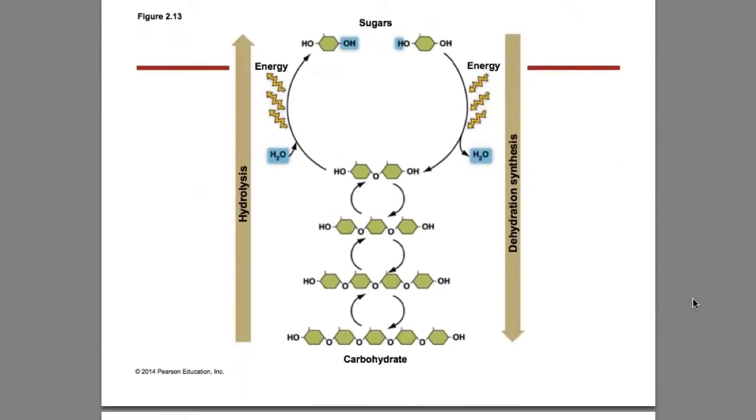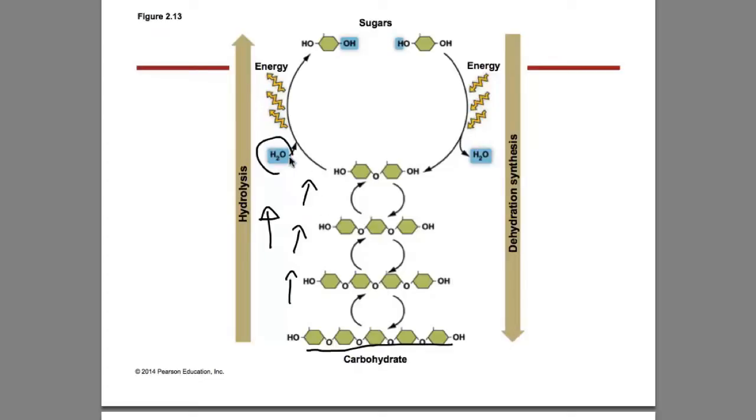Figure 2.13 shows this in pictorial form. So here you have a hydrolysis series of reactions this way. You start with a large macromolecule here, such as this carbohydrate, and as you go this way, you break it down into smaller constituents, and that requires water.